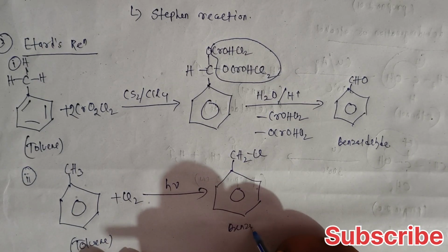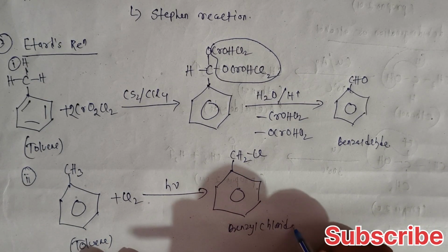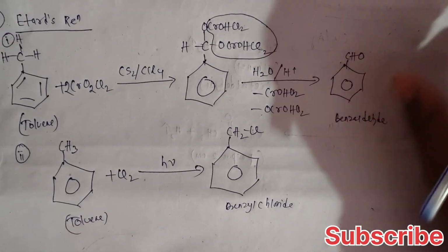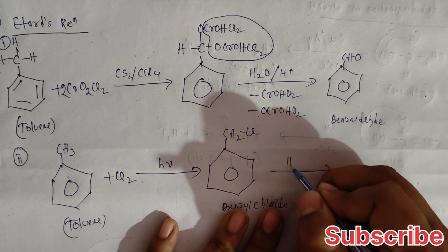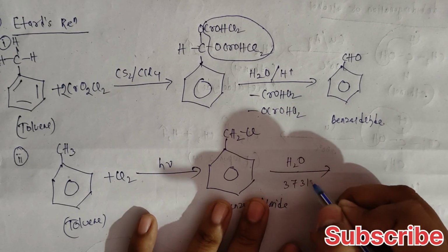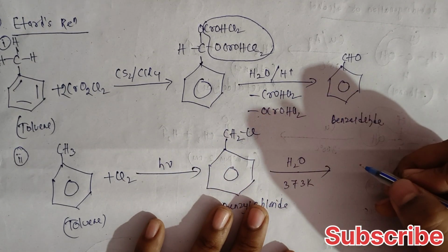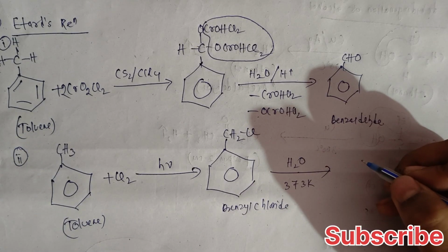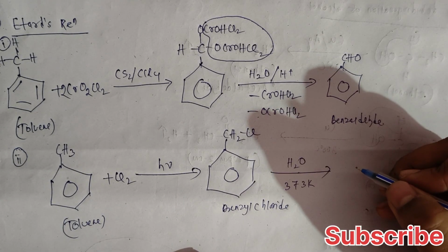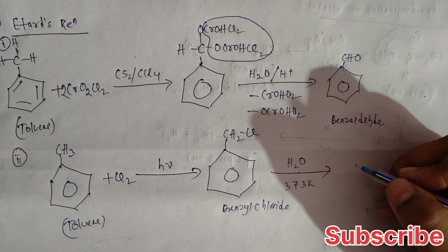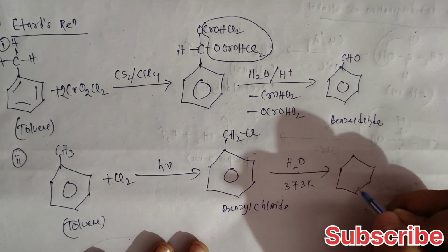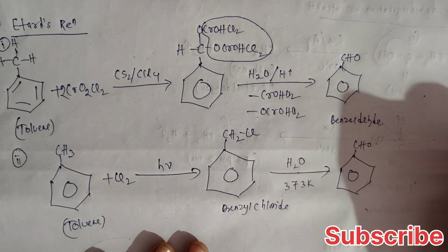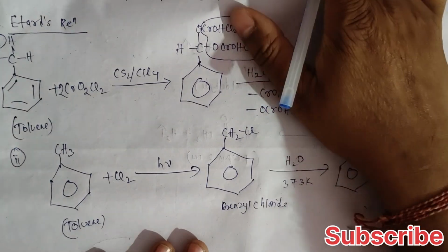This benzyl chloride again undergoes hydrolysis at 373 Kelvin, and it will get converted into benzaldehyde.